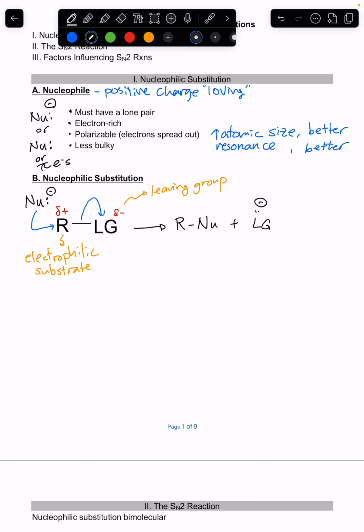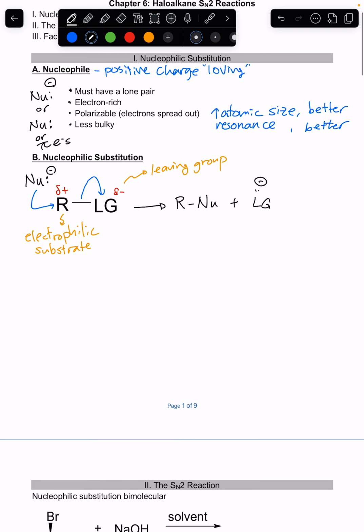A slightly different variation that you might see in this chapter is when the nucleophile is still nucleophilic with a lone pair, but it doesn't have a charge. In that situation, you might see something like this. Same idea: this lone pair of electrons attacks the carbon.